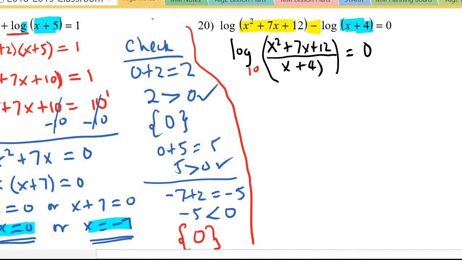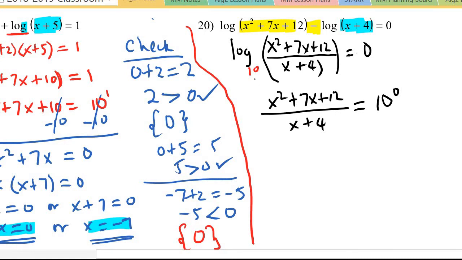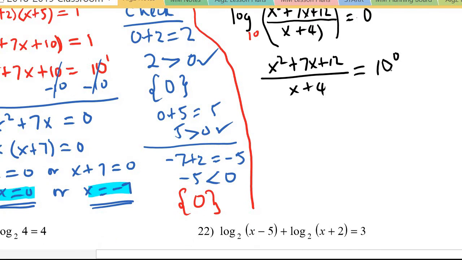So we're going to say that x squared plus 7x plus 12 divided by x plus 4 equals 10 to the power of 0. Now we have converted it to exponent form. So the next thing is to make this 10 to the power of 0 as 1. 10 to the power of 0 is 1. And then copy the other one the way it is.